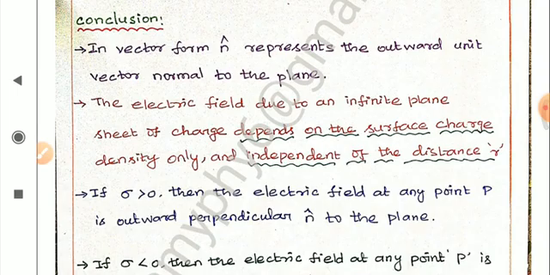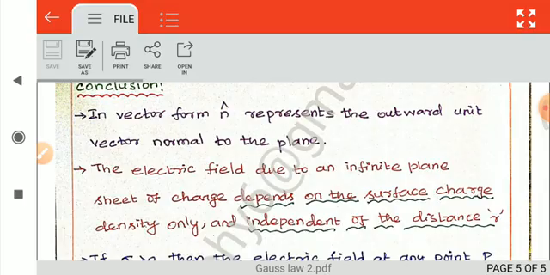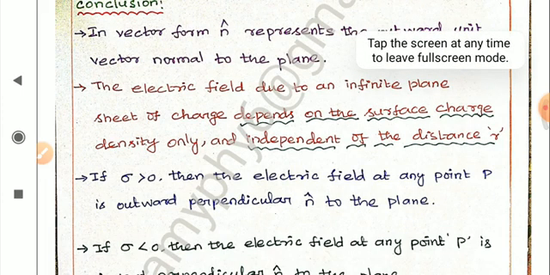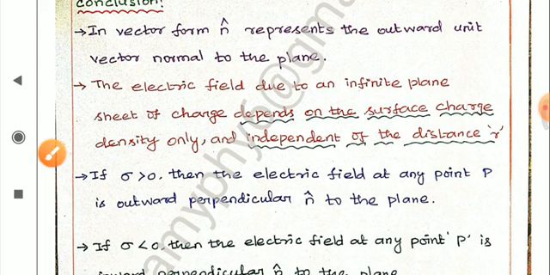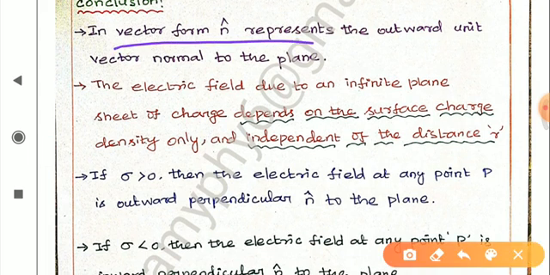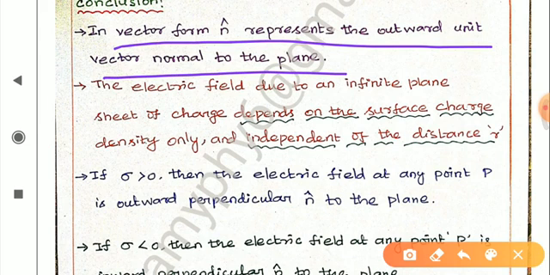In the vector form, n cap represents the outward unit vector normal to the plane. Why? Because the surface has a positive surface charge density, so definitely the electric field will act outwards.